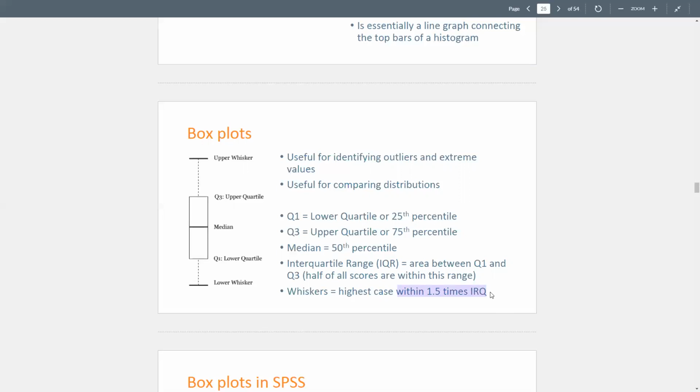And sometimes you'll see an outlier defined as anything that's more than 1.5 times the interquartile range. What we mean by the interquartile range is basically the third quartile minus the first quartile. So that's how we would define the interquartile range statistic.